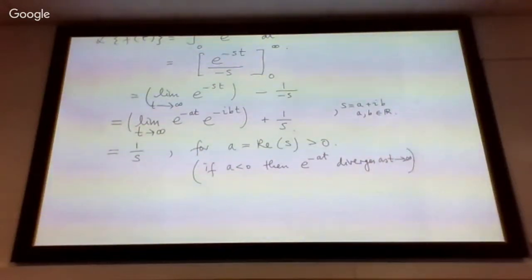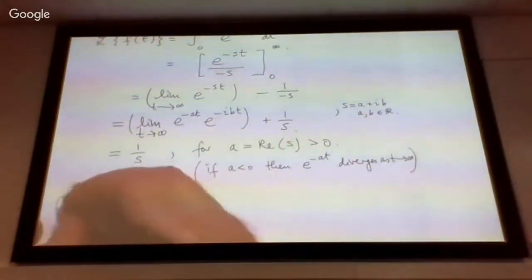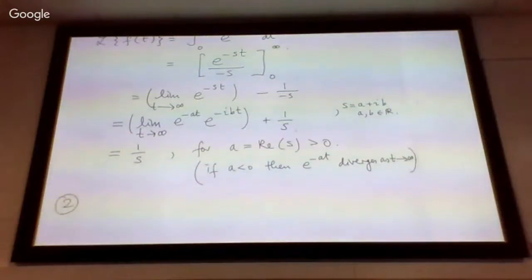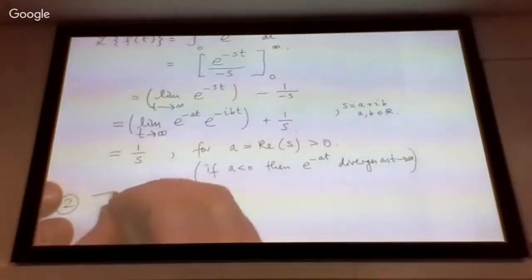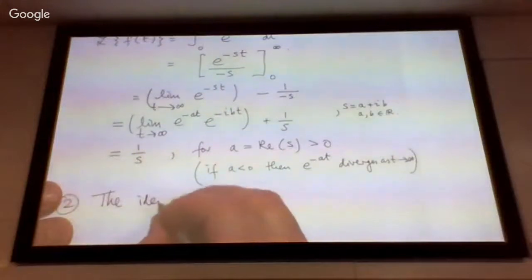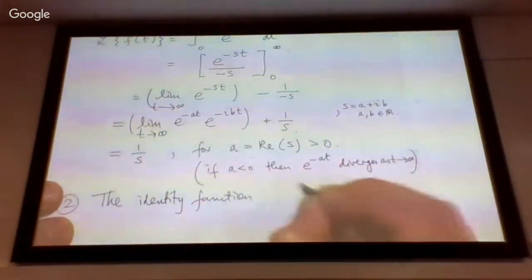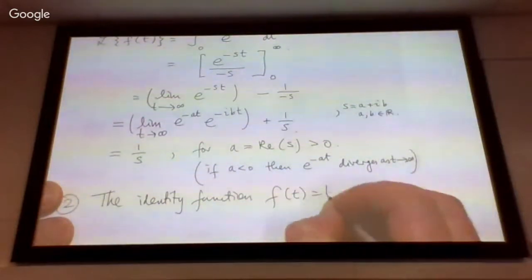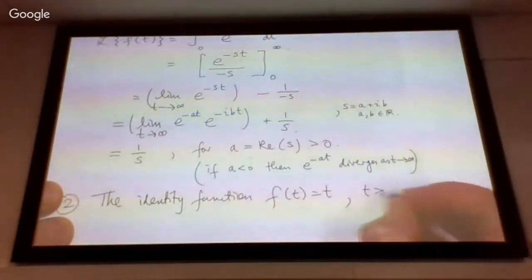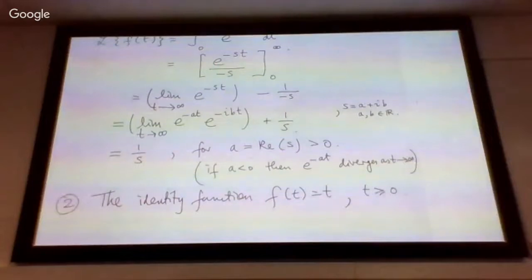We could look at, say, a second example before we continue to look at properties. So our second example would be the identity function. f(t) = t, okay, or it's the 45-degree line, the identity function.